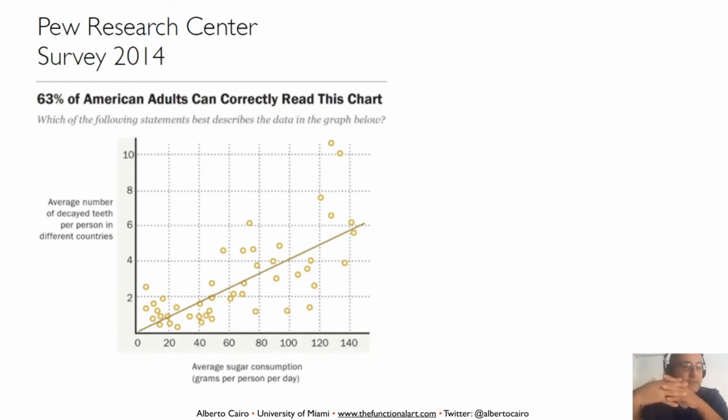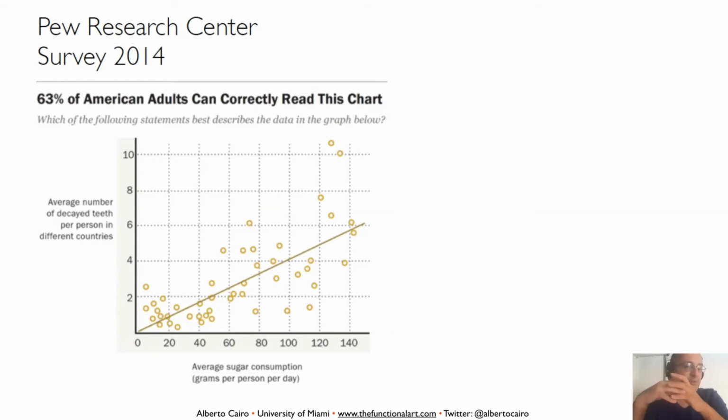Well, the Pew Research Center framed this story negatively, saying only 63% of people read this graphic correctly. "Oh my God, one out of three people cannot read this graphic." But I think that we can flip that, and this is actually good news. It's good news that 63% of people can read this graphic correctly.